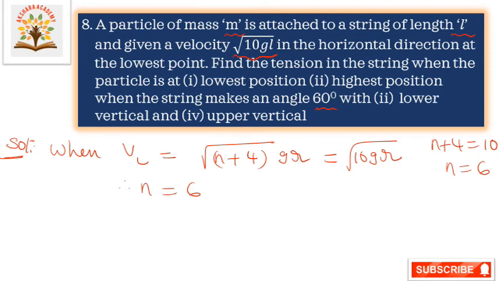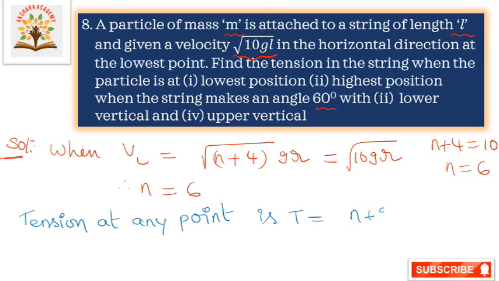Tension at any point is T is equal to (n plus 2 plus 3 cos theta) into mg.